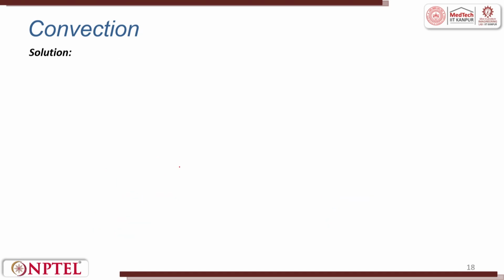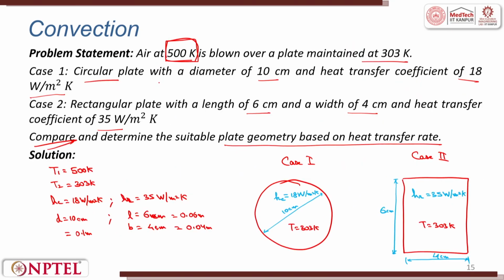To find the total heat transfer, which is Q is equal to H A delta T, we need to find the value of H. To find H is equal to Nu K by L, in this relation here.